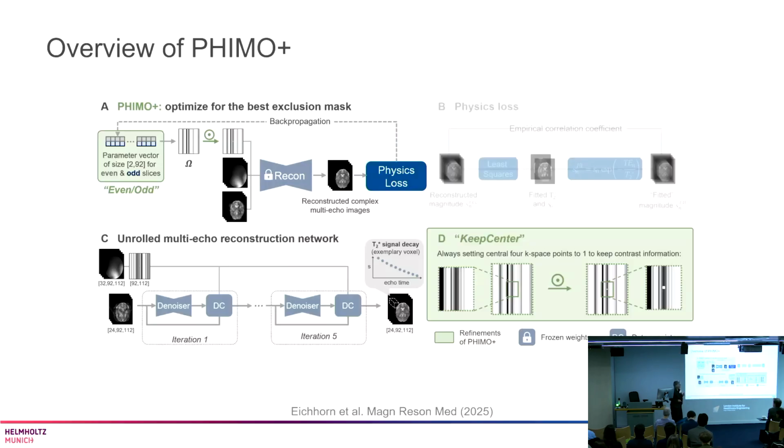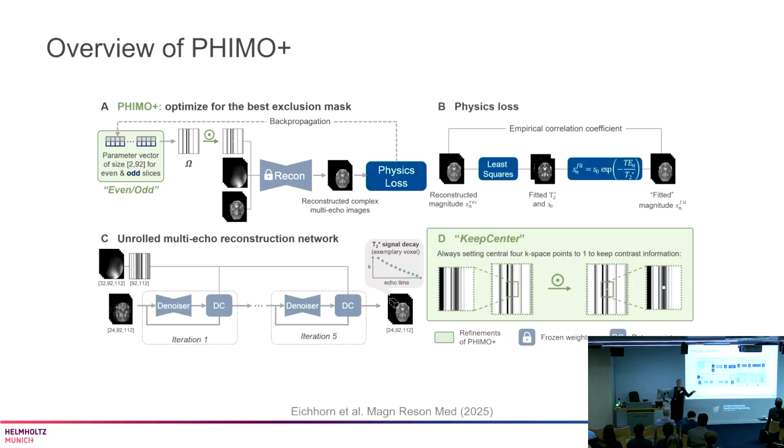This physics loss is basically just looking at the mono-exponential fit for T2 star, basically your Bloch equation mostly, and throws away k-space lines on that grounds. So if it doesn't fit, it's probably not good. So that's self-supervision. It actually puts physics into the equation.